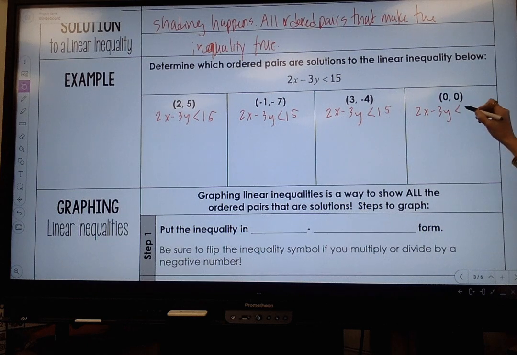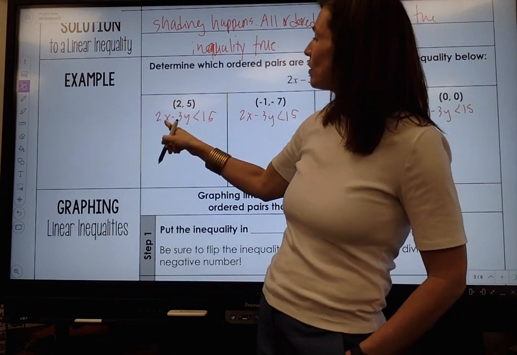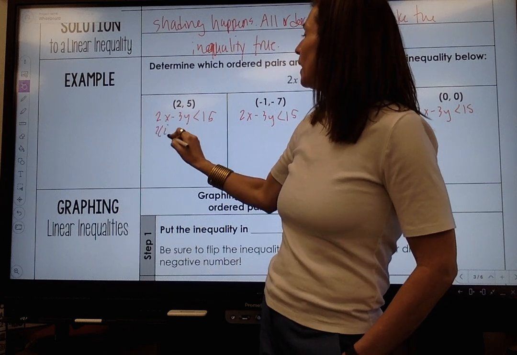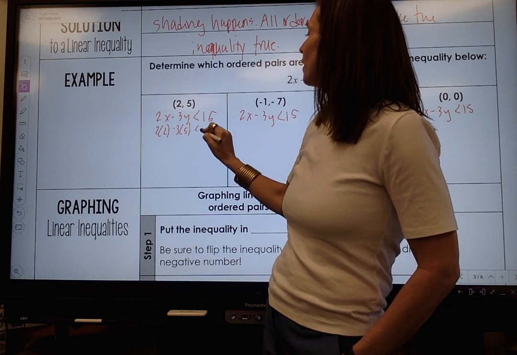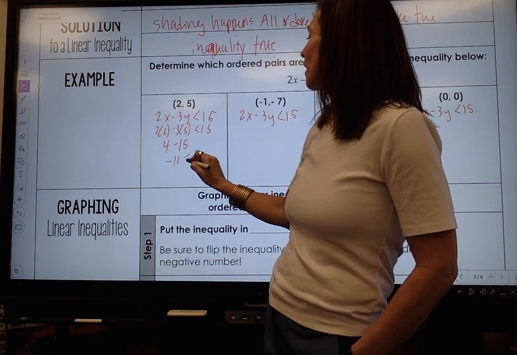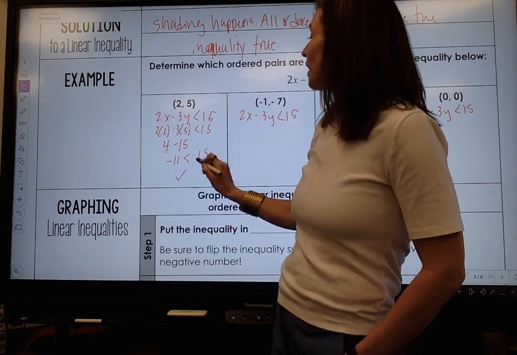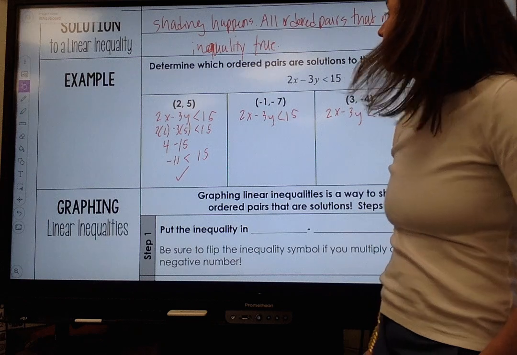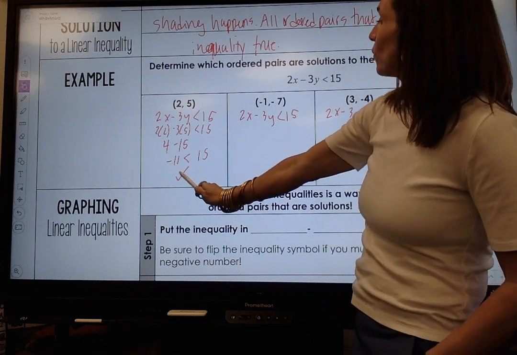Now I want to plug these in. If x is 2 and y is 5, does it make 4 minus 15? Is negative 11 less than 15? Yes, so that is true. So this is a solution.